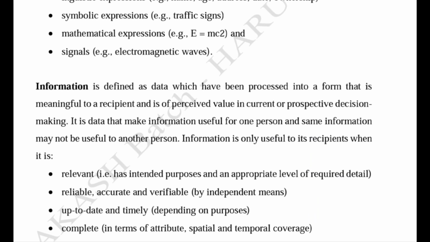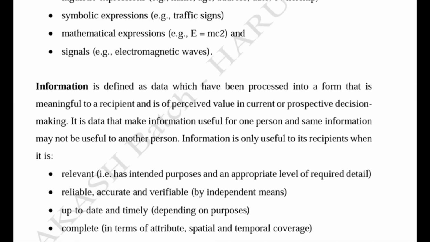So it is data that makes information useful for one person, and the same information may not be useful to another person. For example, if there are two students of 12th class standard, the first student has the branch of commerce and the second has the branch of science.